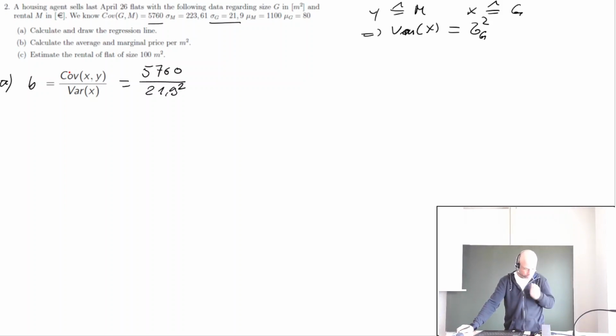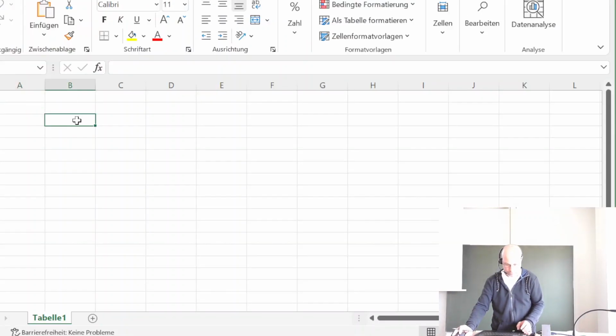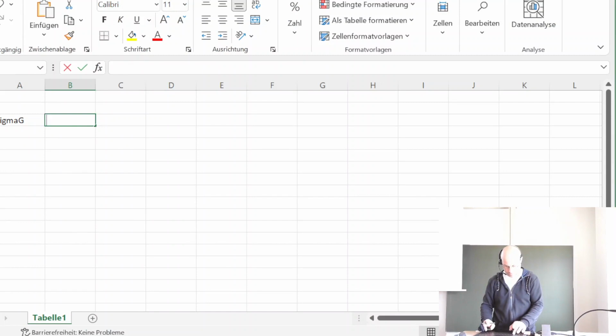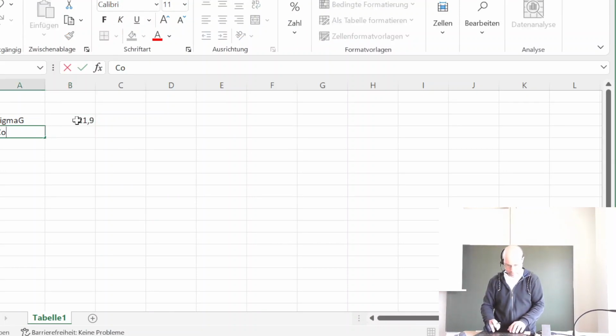And if we calculate this, let's do this in Excel. So we have sigma g is 21.9, and we had the covariance of m and g, and this was 5,760.